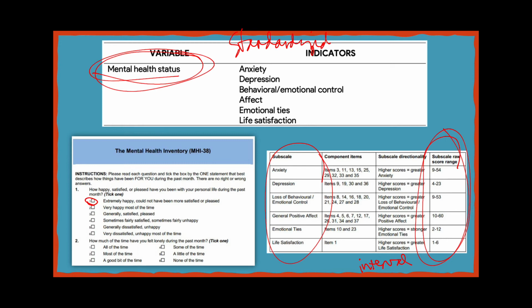So this needs a little bit more expertise, and we can lend that expertise from those who have been researching these concepts for a very long time, creating actual questionnaires that measure this in the most correct way. This has been tested in various populations in various countries. So this is very dependable, and therefore we make use of it for the measurement of the mental health status of our population.